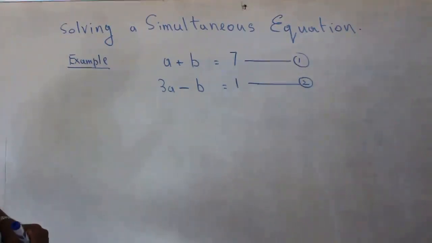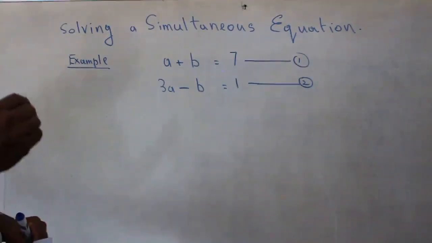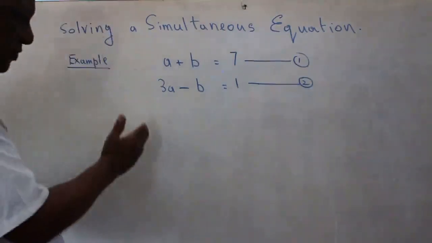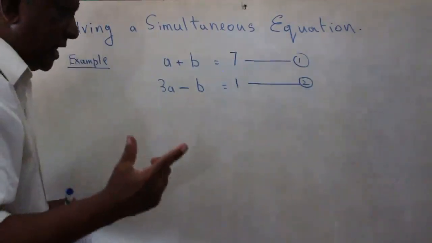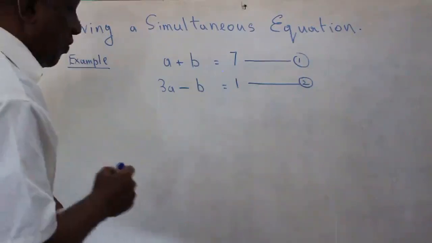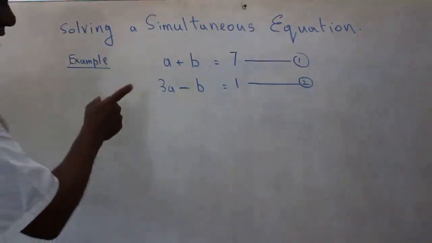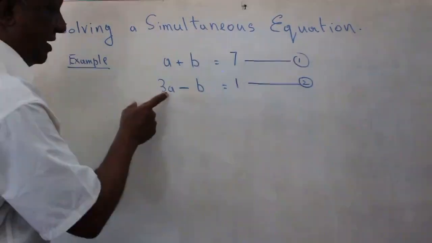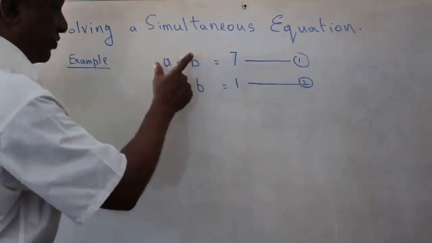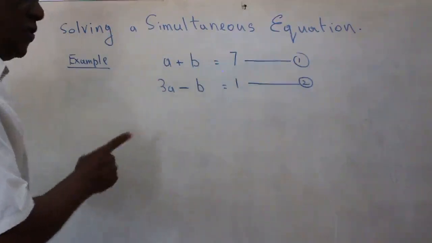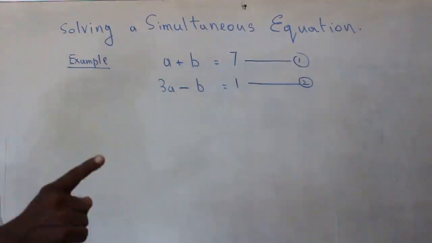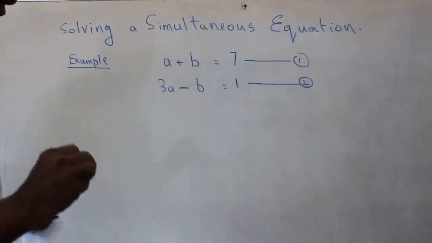You know that if you want a letter to disappear when the expressions are lined up like this, either you can add or you can subtract. So what will you do? Can you make a decision? You know that if it is added, the sign will not change: plus b minus b becomes 0. So if I want to make the b disappear, I will add the left hand sides.